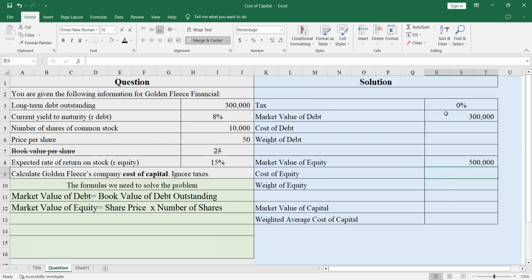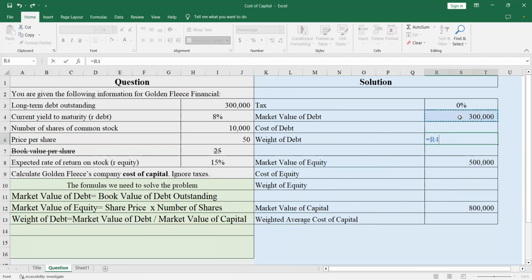Once we have the market value of debt and the market value of equity, we can find the market value of capital. Market value of capital is market value of debt plus market value of equity. That's 800,000 total capital. To find the weight of debt, all we have to do is divide the market value of debt by the market value of the total capital.